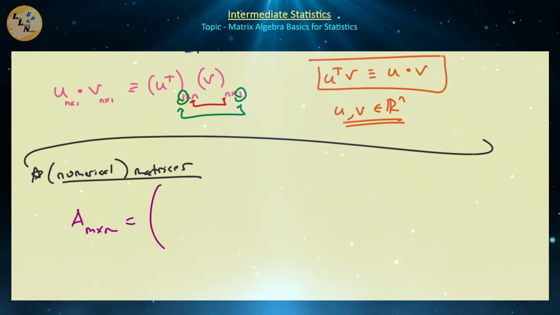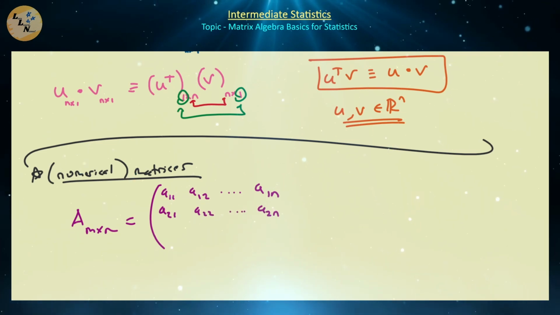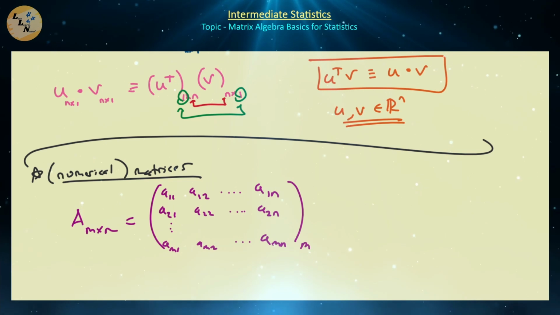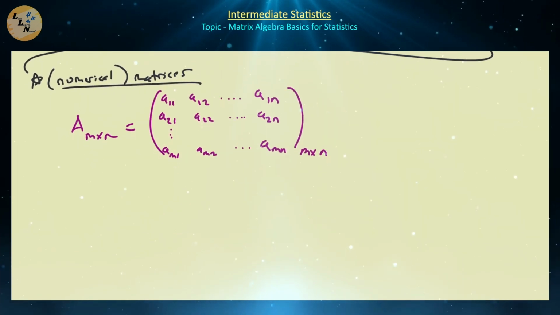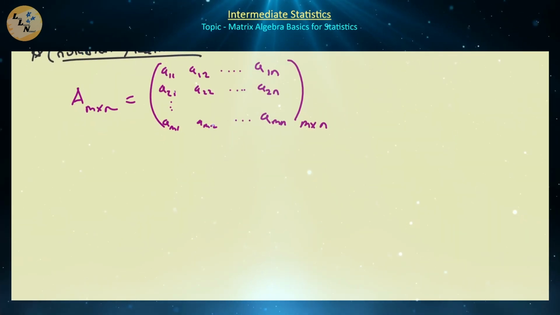So it's going to look like A11, A12, all the way down to A1n, A21, A22, all the way down to A2n, all the way down to Am1, Am2, all the way down to Amn. So there's m times n numbers in this block, and there are several different applications in the realm of statistics where we're going to be using matrices.